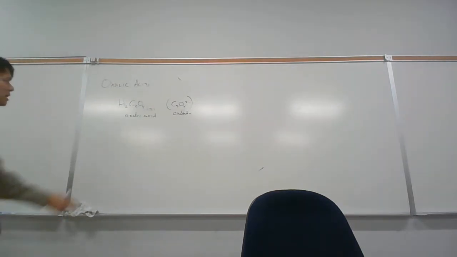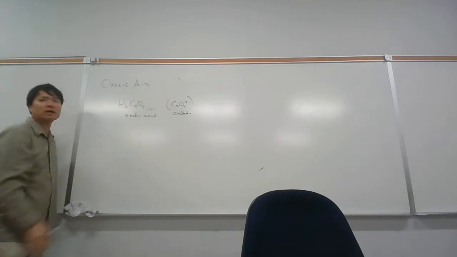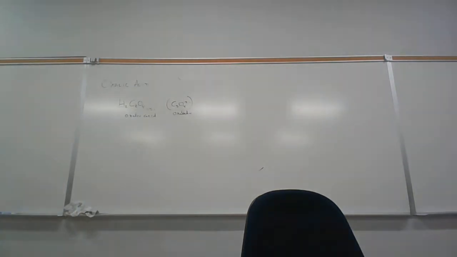In this case, this is a diprotic acid. You need 2 moles of sodium hydroxide for every 1 mole of oxalic acid. So it changed the mole ratio and changed the equation a little bit. This is why I gave you the equation that I gave you.